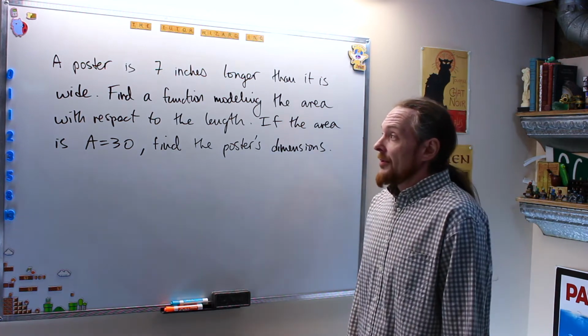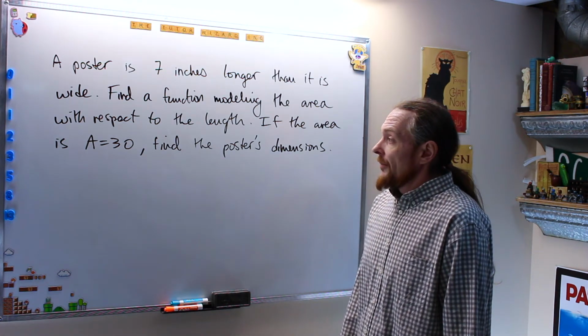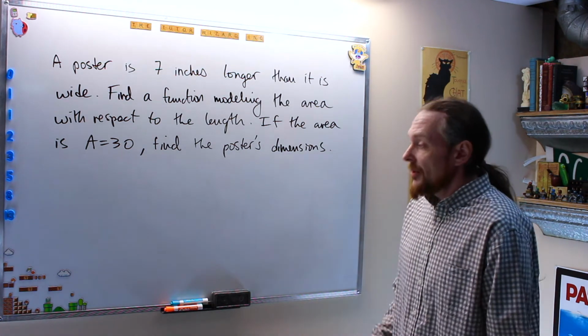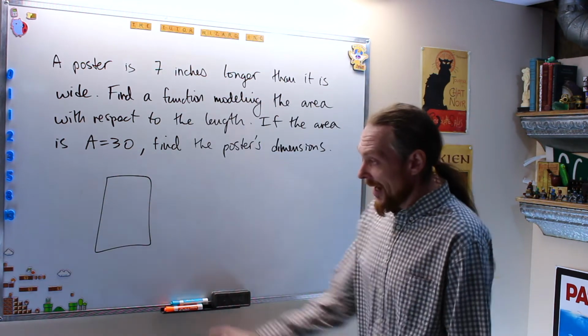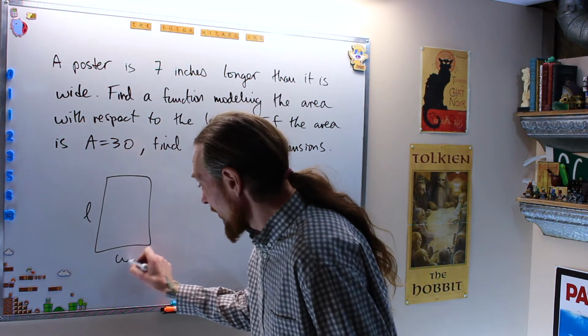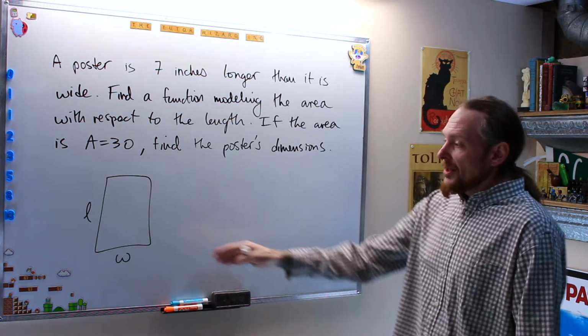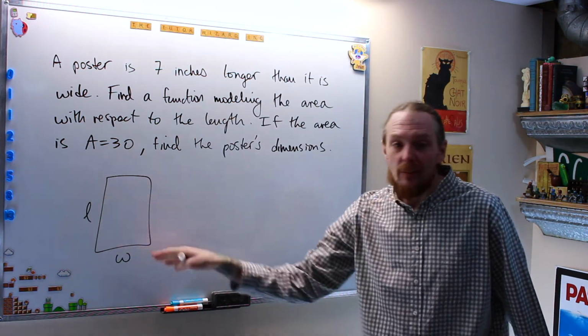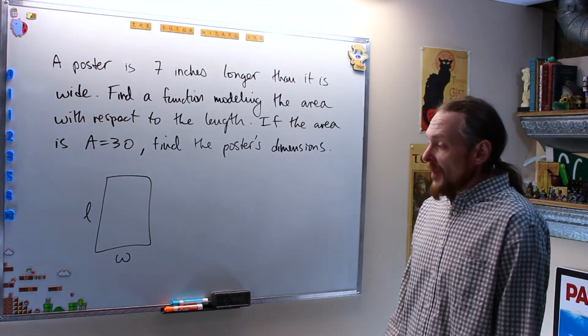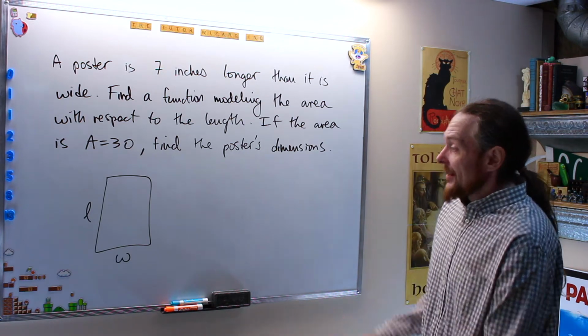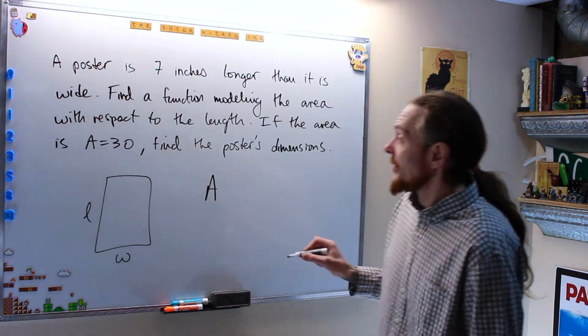So first of all, in these problems, what you want to do is draw yourself a picture or look at the poster that I just pointed at a couple times, but I'm going to call this the length, and I'm going to call this the width arbitrarily. Once we give it a label, length and width, we can proceed. But once I've done it, now what it said is, and we'll do one more thing, the area.